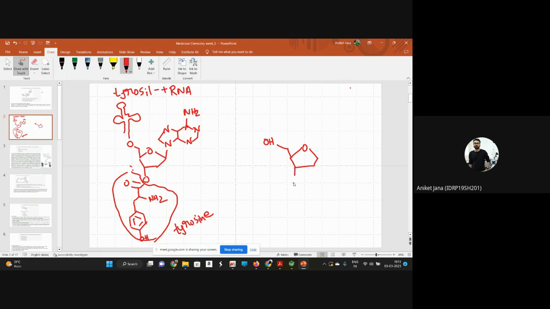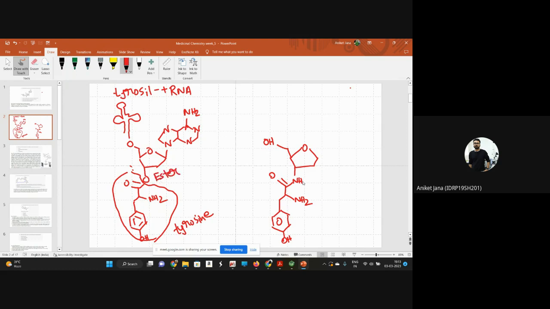Here an amide bond is there. The rest of the part is the same. Okay, as you can follow, here if oxygen is there, what do we call this bond? An ester bond, right?